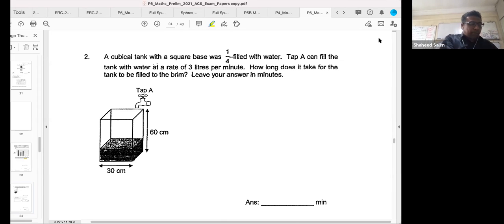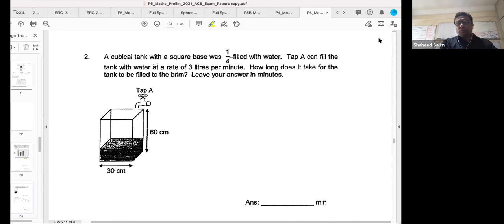Wow, that's fast. But it's not correct, Davish. Can you just key in? Don't say it out. What's your volume of water inside when it's full?